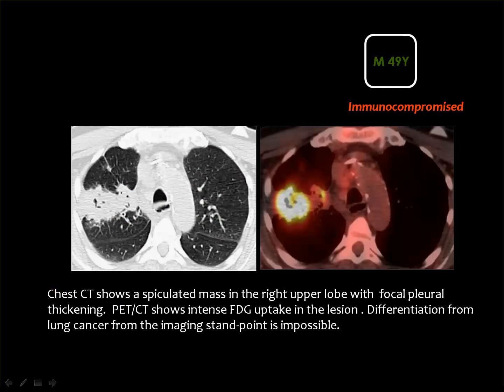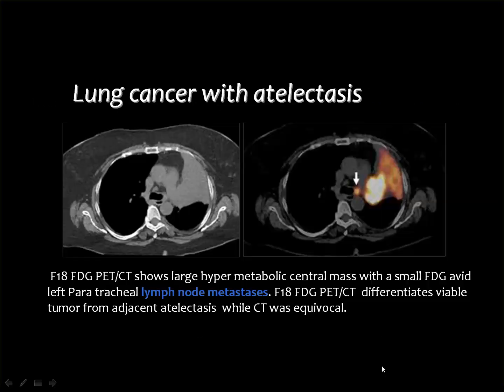Also, you see this patient who is immune compromised and he got a mass in the lung with a speculated margin, and this mass has proved to be a fungal infection.